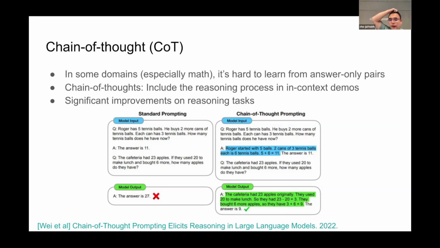Language models usually give much better performance with this kind of thinking process. Chain of thought prompting means that in the in-context learning examples, you give the thinking process for each example. So the language model also learns that given a question, it needs to do the thinking process, and this improves the performance by a significant amount.